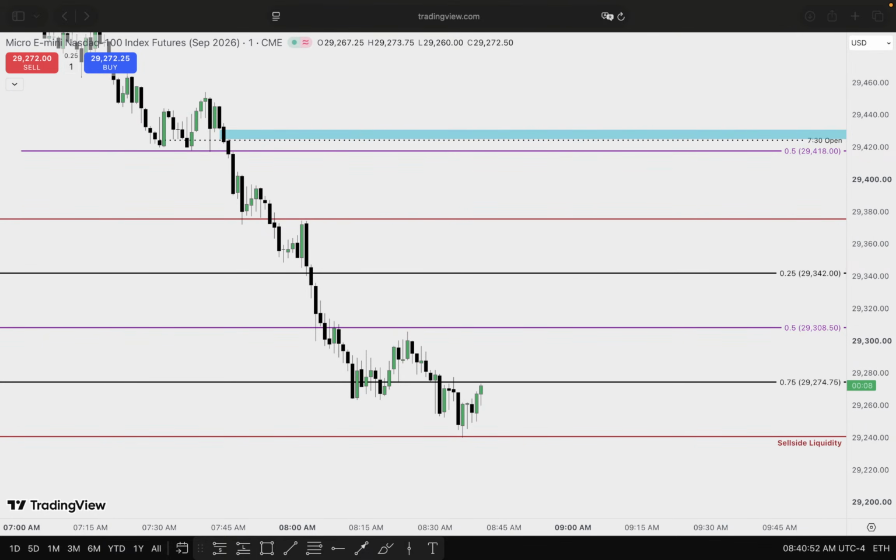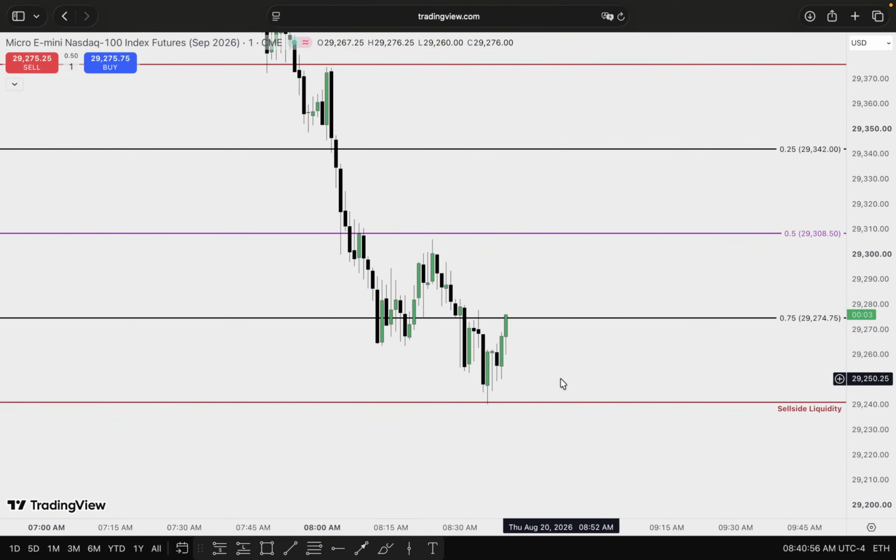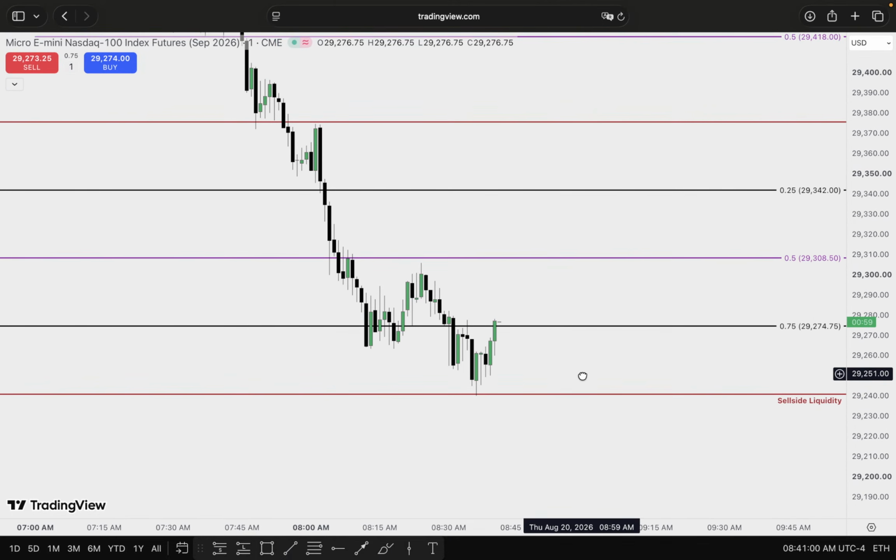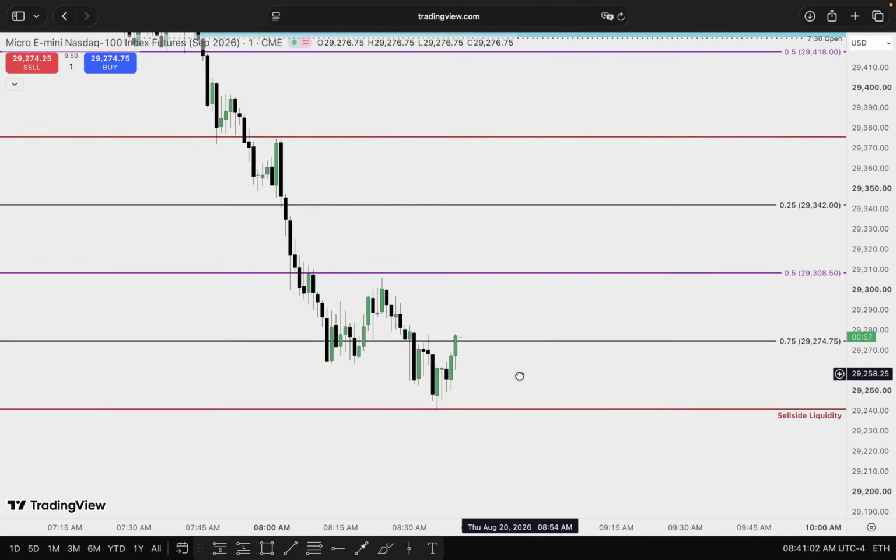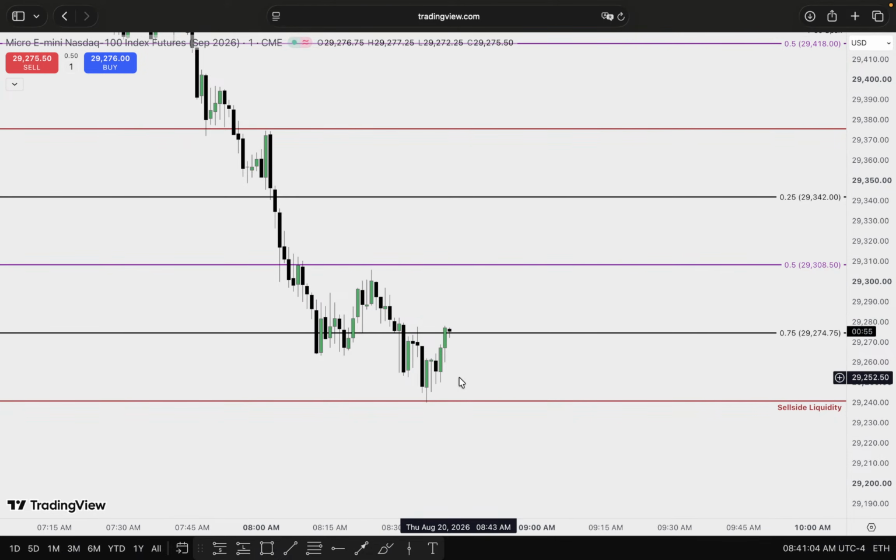All right, let's see. I think we did take out that low a little bit. All right, so now I just want to see if we get some type of retrace. And then I'll start with my positions small, and then I'll add into my positions as they start to work up, if I can get them.